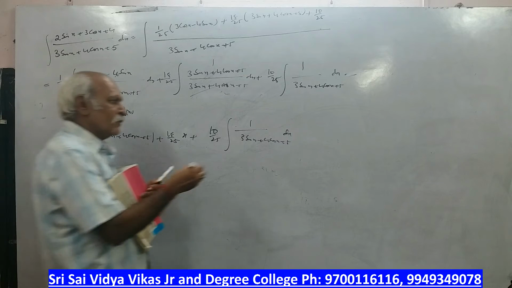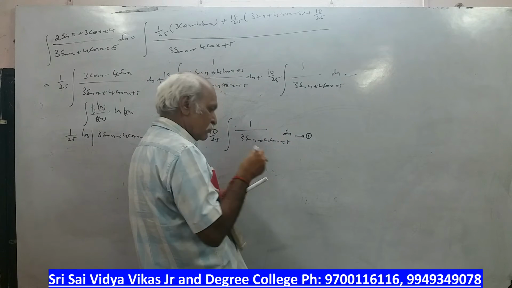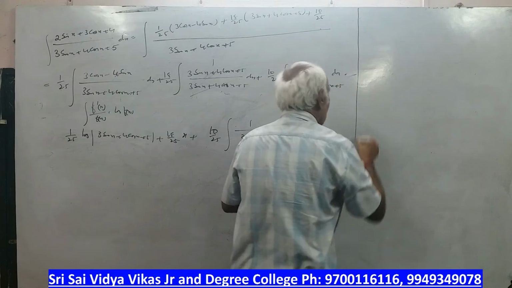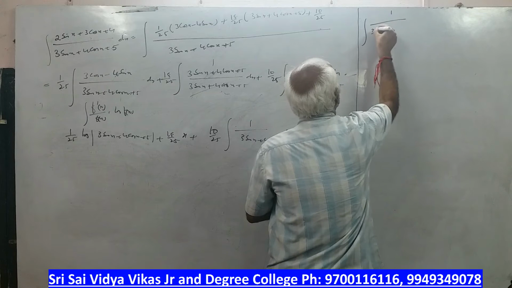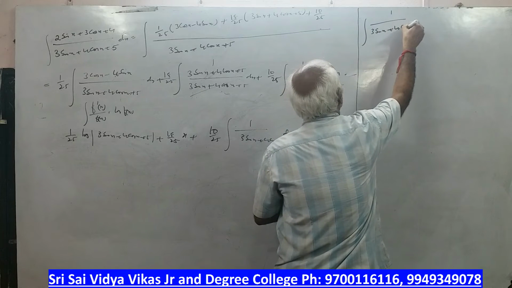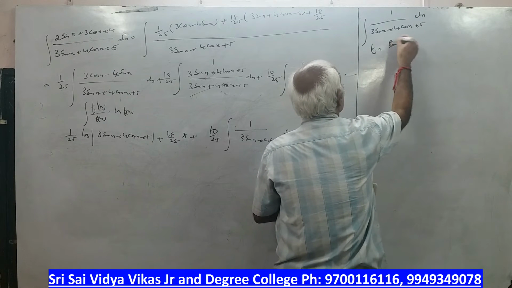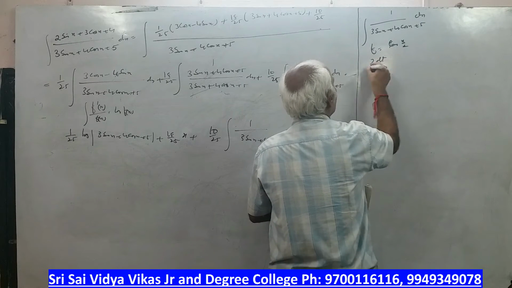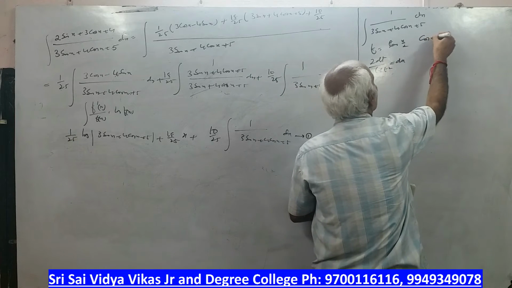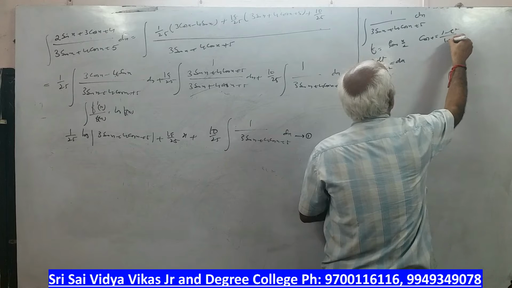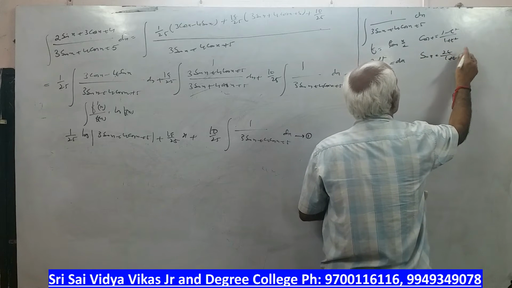Now you call it as 1. Now I have to find the integration for this separately. We will do it here. Now again, integration of 1 by 3 sin x plus 4 cos x plus 5 dx. Let t is equal to tan x by 2, so 2 dt by 1 plus t square is equal to dx. Cos x is equal to 1 minus t square by 1 plus t square. Sin x is equal to 2t by 1 plus t square.